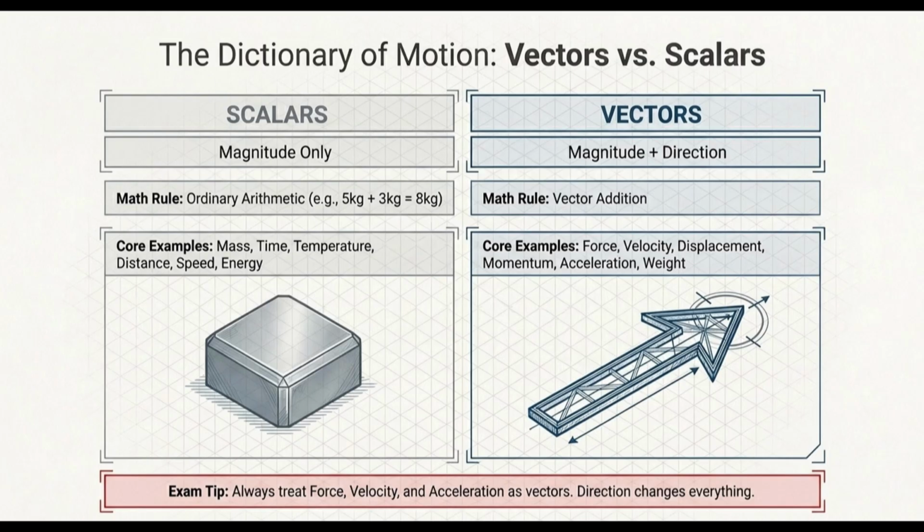Now let's see scalars versus vectors. Physical quantities fall into two categories. Scalars have only magnitude, for example mass, time, temperature, energy, and distance. Vectors have both magnitude and direction, for example force, velocity, acceleration, momentum, and displacement.